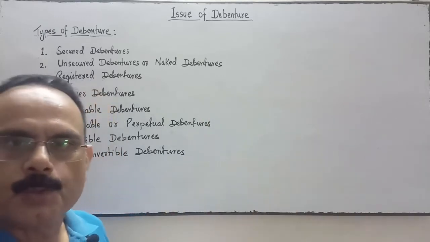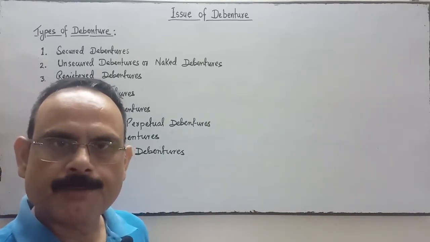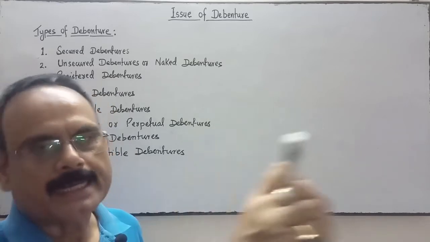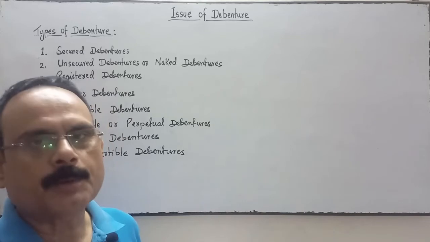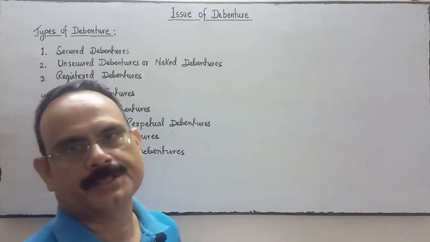Suppose the company is going to wind up. By the sale of that asset, the amount will first be repaid to the first debenture, then to the second debenture.